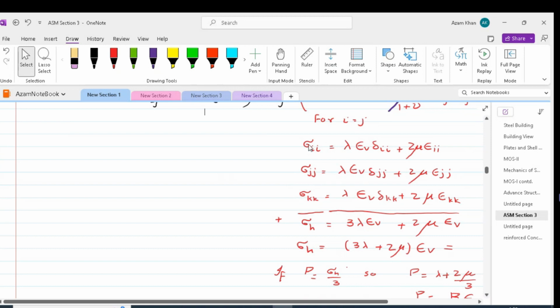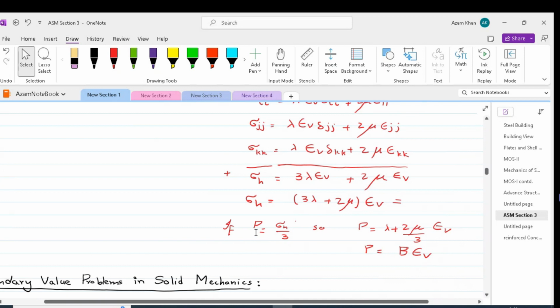This will be stress sigma 11, sigma 22, and sigma 33, which is actually a hydrostatic stress. And these three will add up to 3 times lambda epsilon v, which is the volumetric strain, and plus 2 mu epsilon v. Taking epsilon v common, we get 3 lambda plus 2 mu.